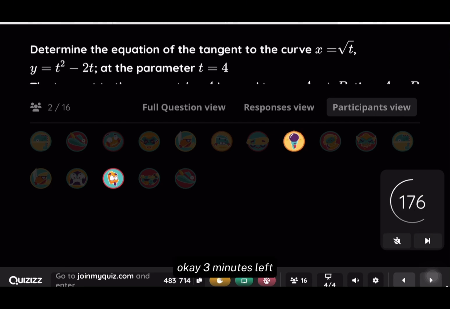Okay, 3 minutes left. So you need to write some numbers, right? But you need to make it into the y equals mx plus c form. Okay, 2 students finished.